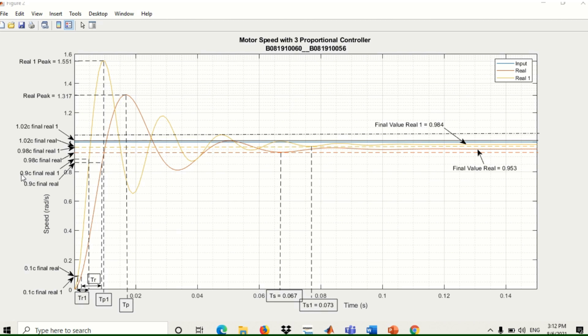The formula is 0.9 multiplied with the final value, then we get the answer. Then we insert a line until it touches the first oscillation of the graph, and then we label it as TR. TR for real, TR1 for graph real 1.